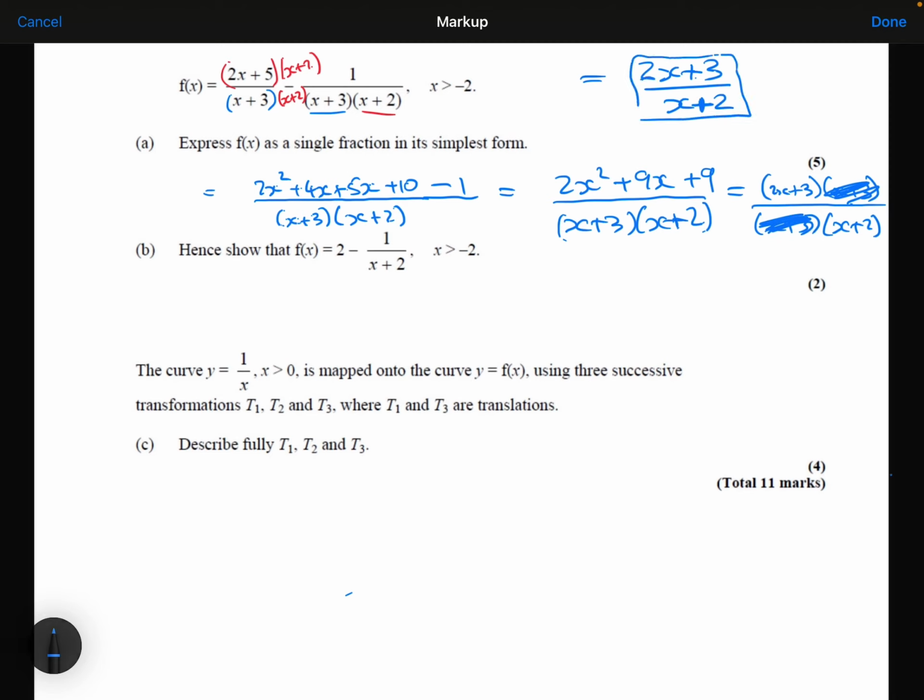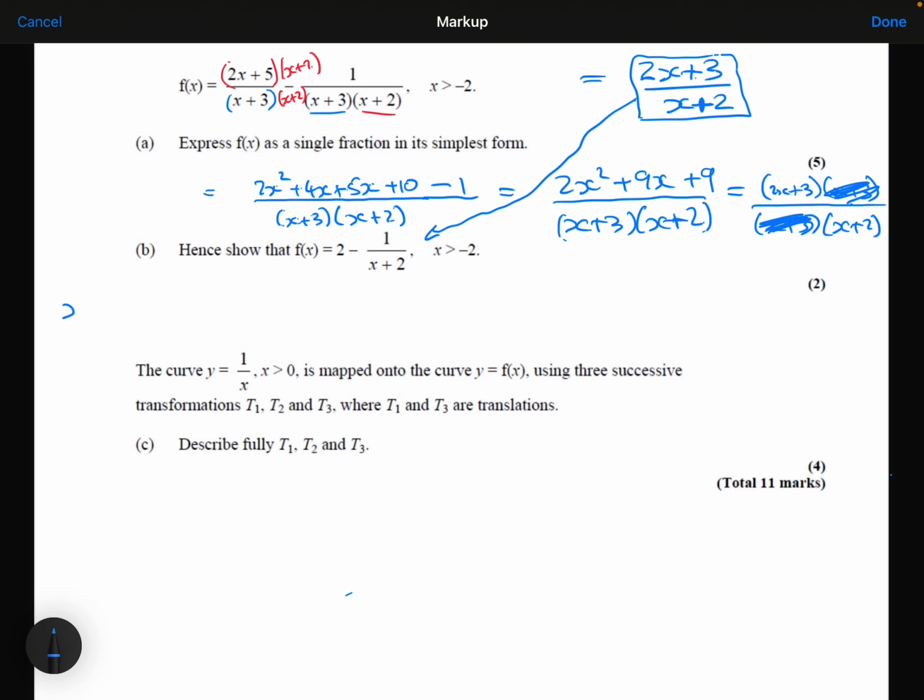Part B. Hence, show that f of x is equal to 2 minus 1 over x plus 2. So I need to convert this into this form, which I can do with a little bit of algebraic division.